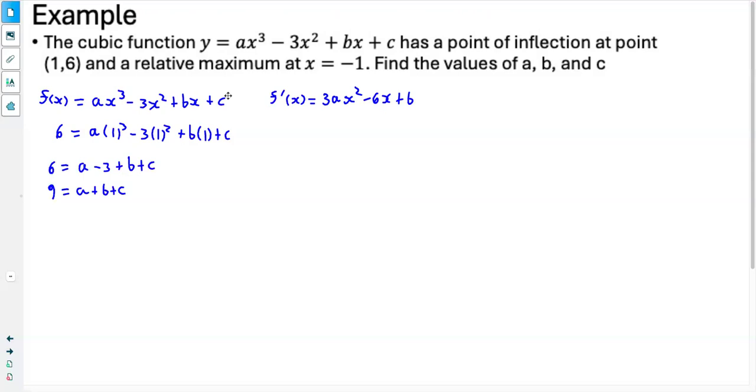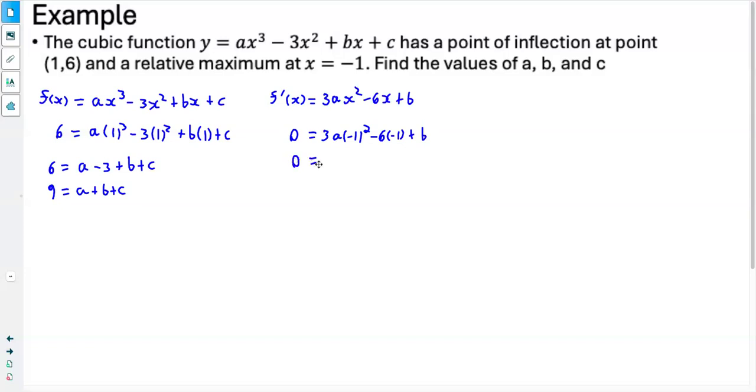Now, if we have a relative maximum at -1, we know the slope at that location is going to be 0. So we know f prime of x at -1 is going to be equal to 0. So we can go 0 is equal to 3 times a times -1 squared minus 6 times -1 plus b.